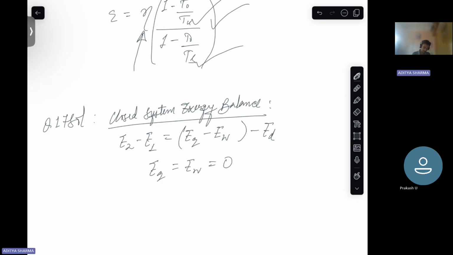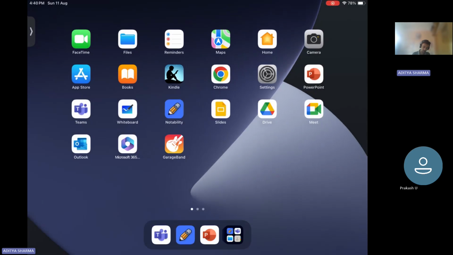And in that case, what we are left with is E2 minus E1 is equal to minus E_D, right? So only the exergy destruction term is there in the picture.